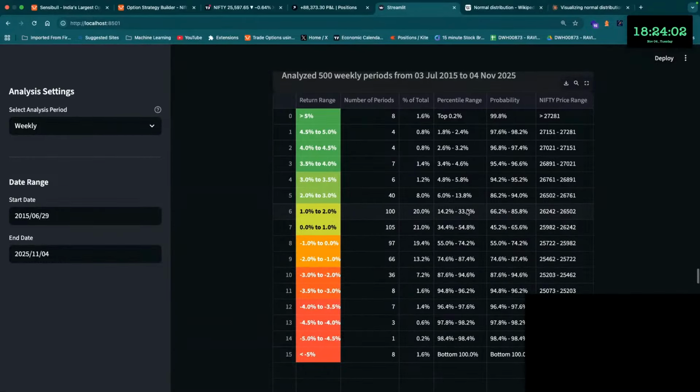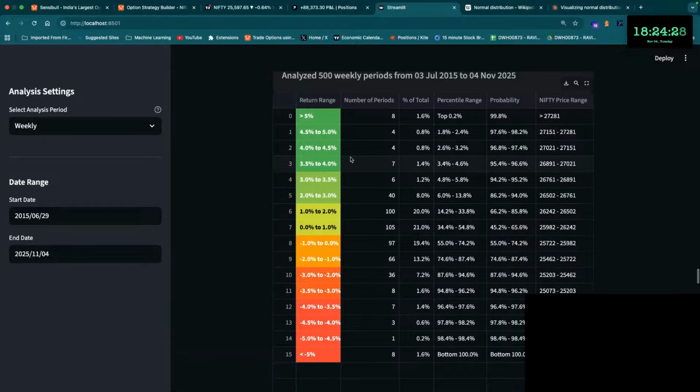Now the way you will have to use this data is, for example, here, 85.8. What does this mean? There is an 85.8% probability that Nifty would not go above 2%. Again, I repeat, there is an 85.8% probability that Nifty will not go above 2% in a weekly expiry.